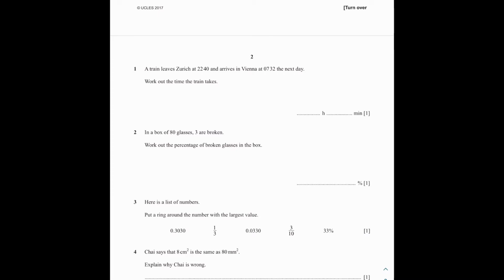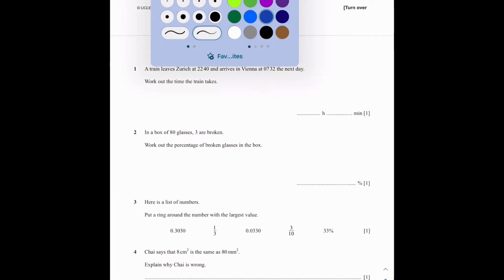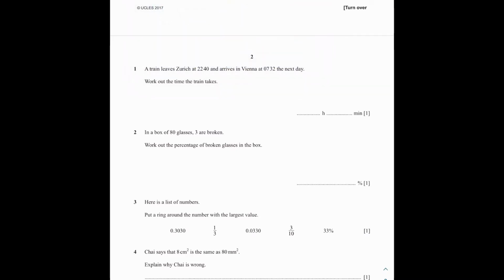All right, so let's begin. I'll use a blue pen. A train leaves Zurich at 22:40 and arrives in Vienna at 07:32 the next day. 22:40 in the 24-hour clock means 10:40 p.m. on the day before, and it reaches Vienna at 7:32 a.m. in the morning.